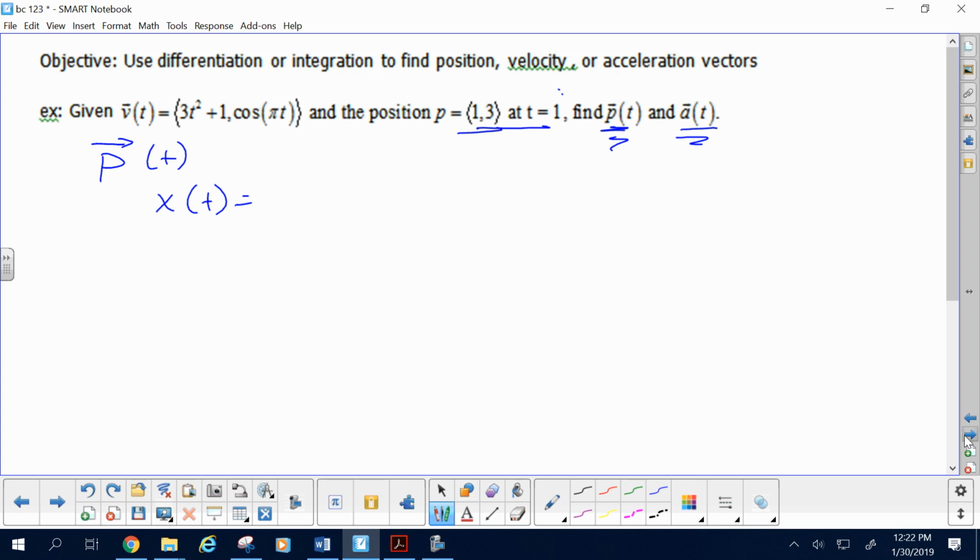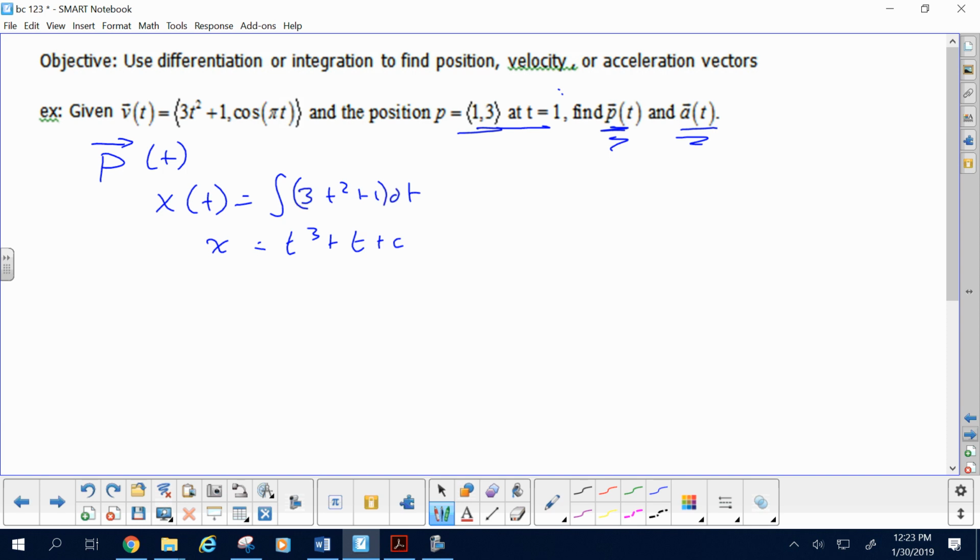Add C and use the initial to find C, or a definite integral fundamental theorem, start plus change, right? Which do you want to use, the plus C version I heard? All right, so if you do the plus C version, and that's t cubed plus t plus C, and if we use that, the position is 1, 3 at 1, then what do I put in for it?